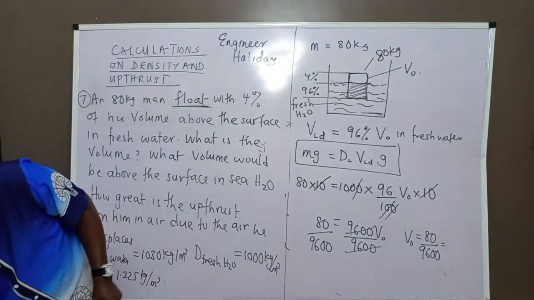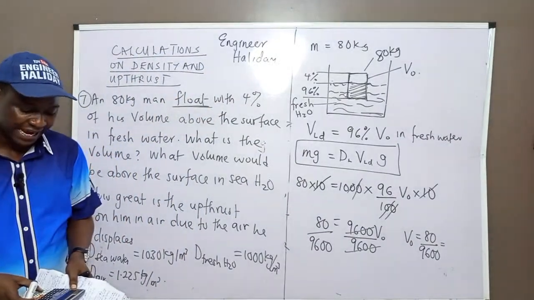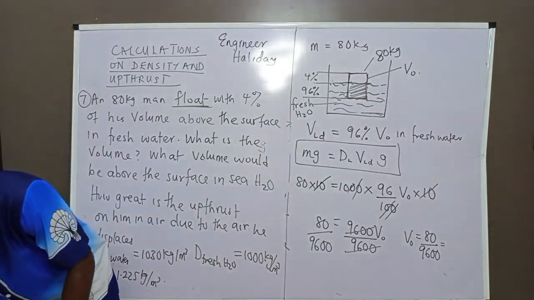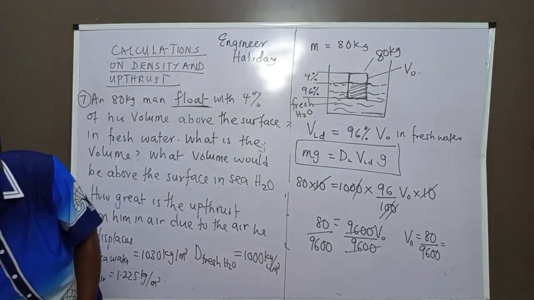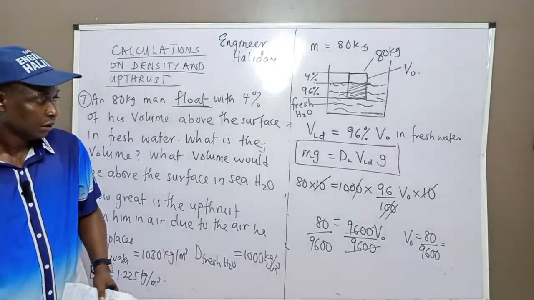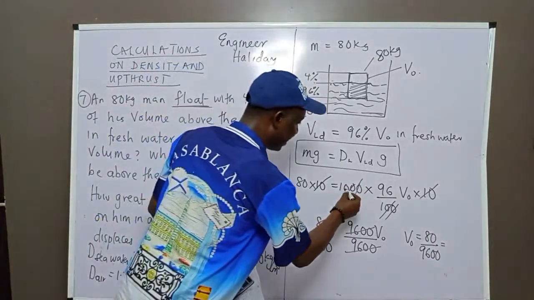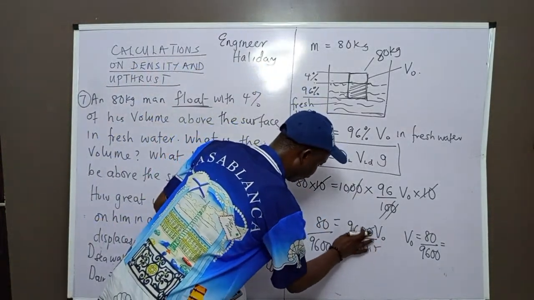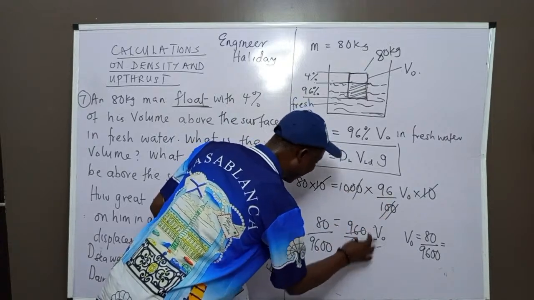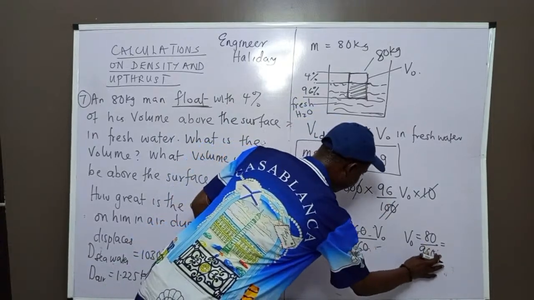What will be our answer? 80 divided by 9600. We have 0.0083. Let me confirm it. Sorry, don't forget that this is 960. Sorry, thank God I saw it. 10 times 96 is 960, so this is 9600.